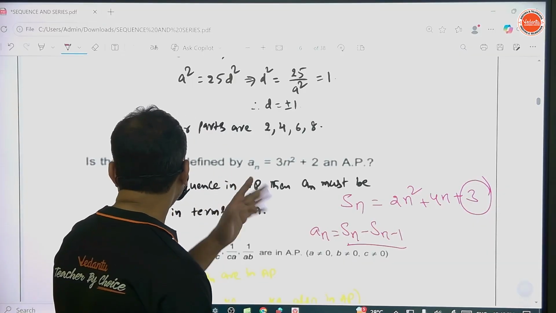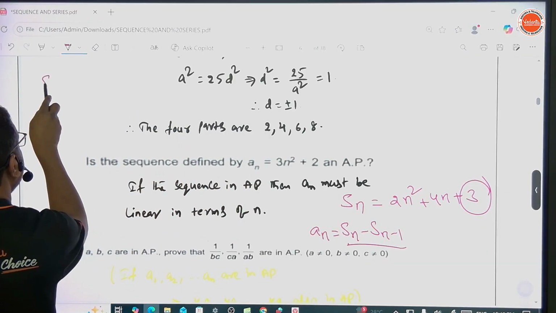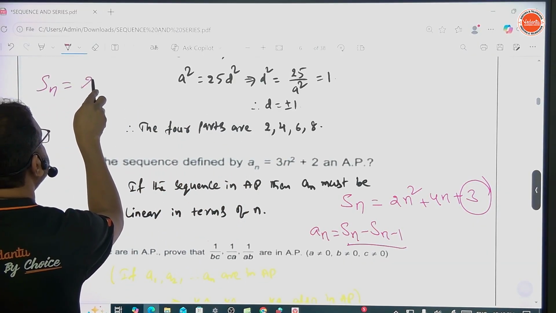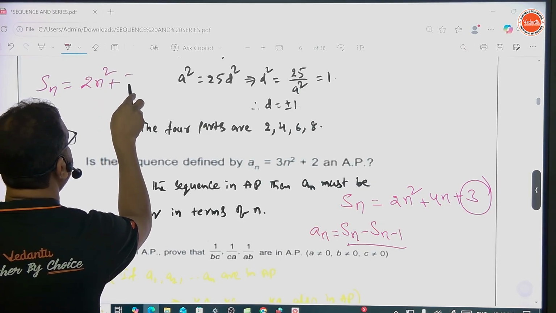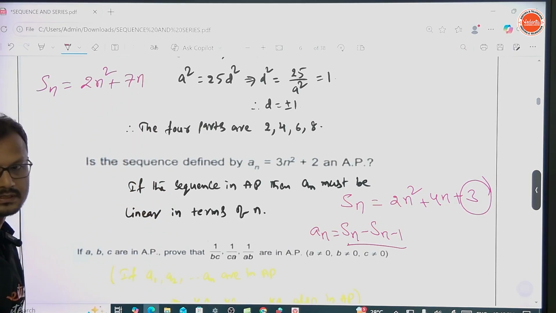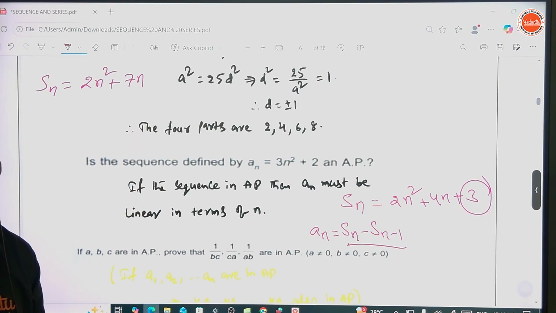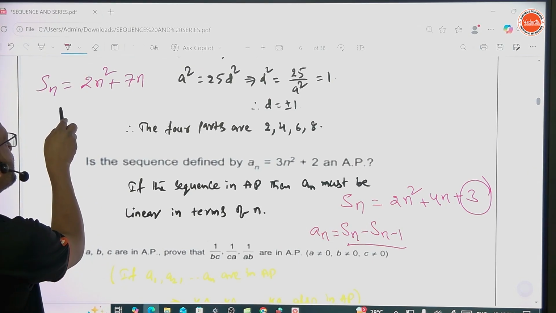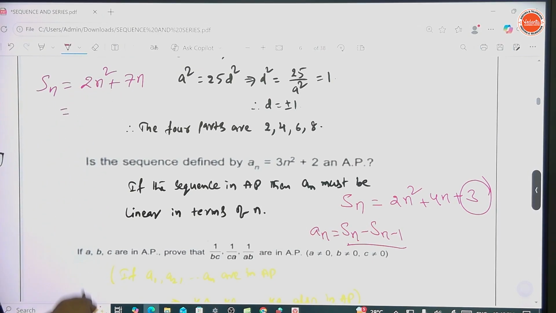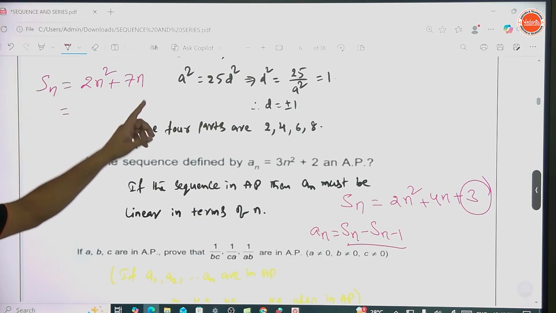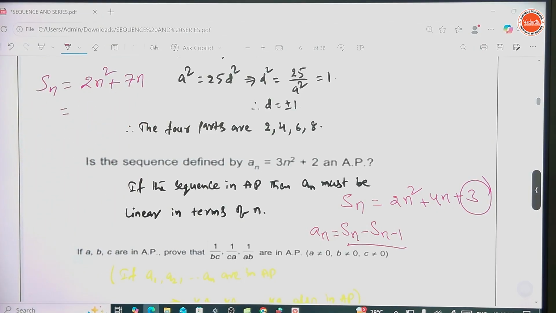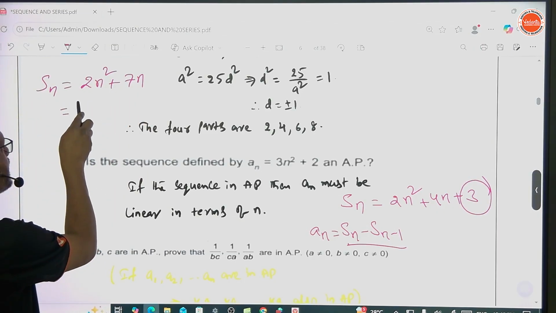For example, if I take Sn equal to 2n square plus 7n, for example, this is Sn. So what is the first term? What can you take as the first term? This is the sum of n terms.